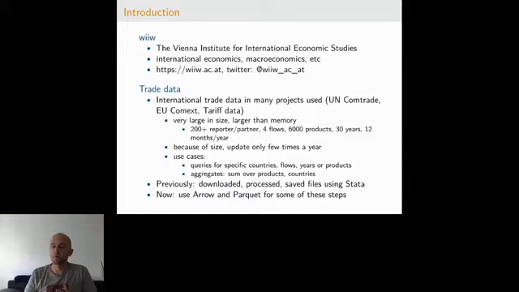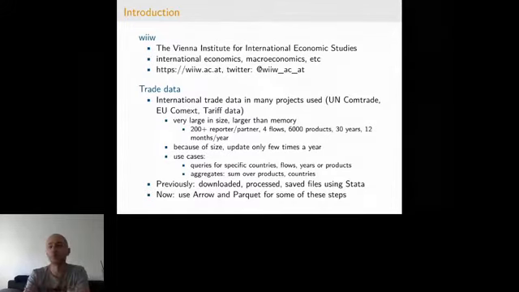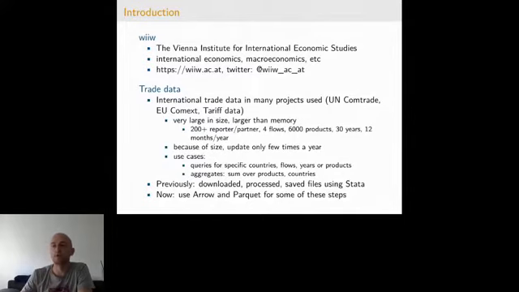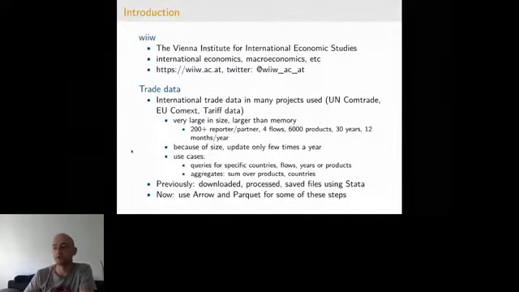But for both use cases, we need to have the detailed trade data locally available. In our previous setup, we downloaded, processed, and saved the files using several data scripts, which were run consecutively. And right now, we are moving our pipeline to use more of Arrow and Apache Parquet to economize on storage and make queries more efficient.